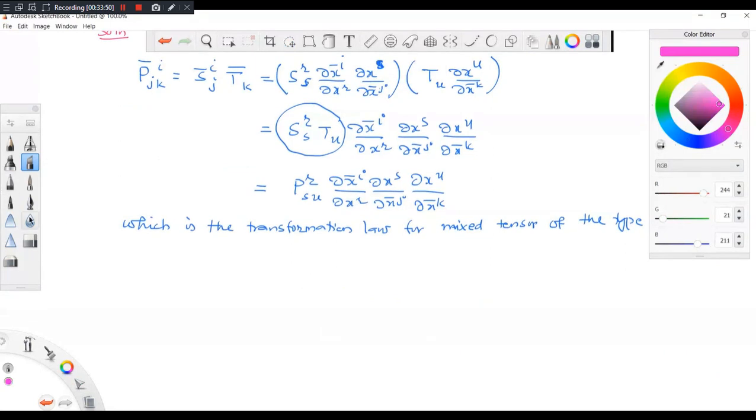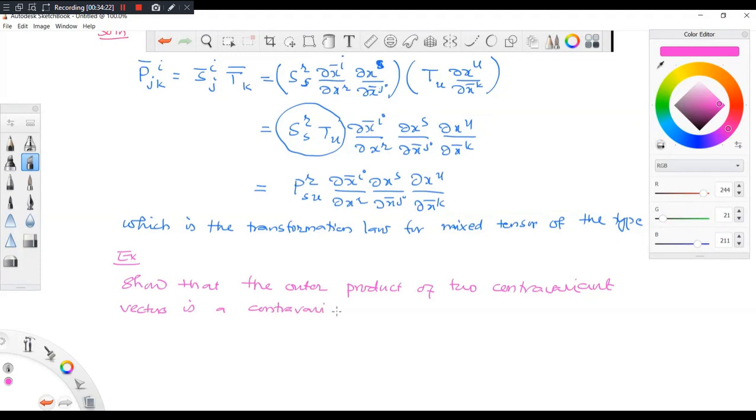And as another example, show that the outer product of two contravariant vectors is a contravariant tensor of rank 2.